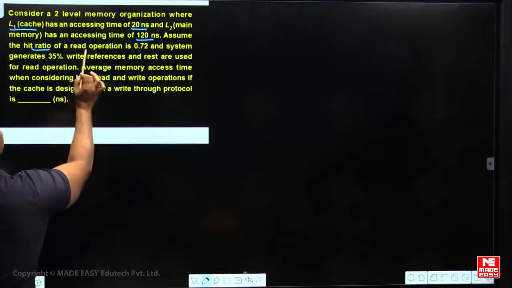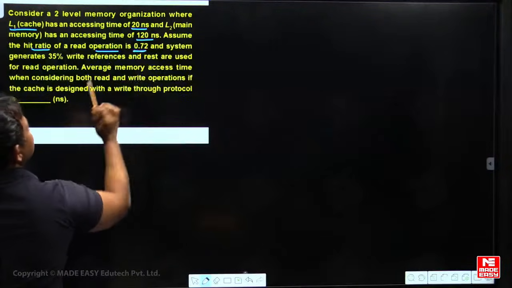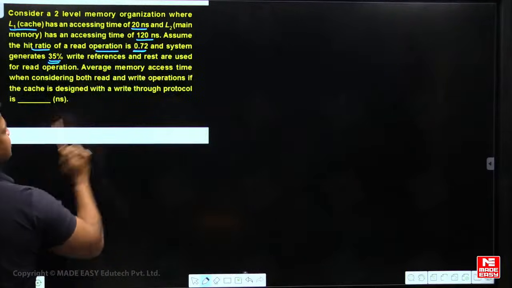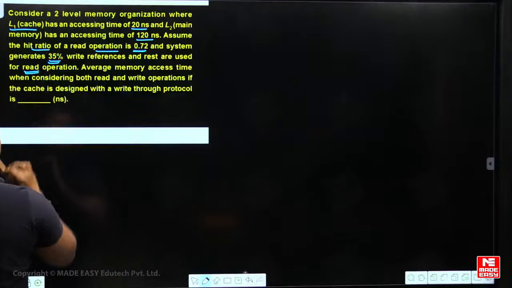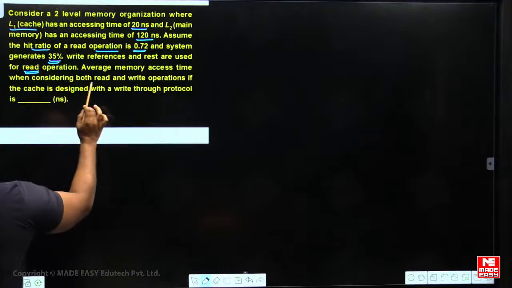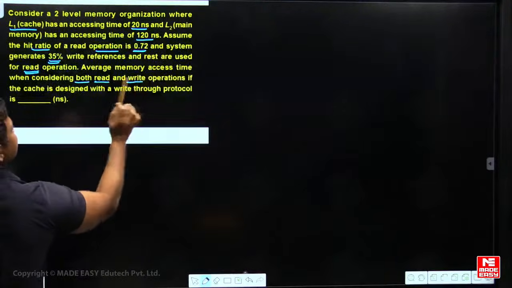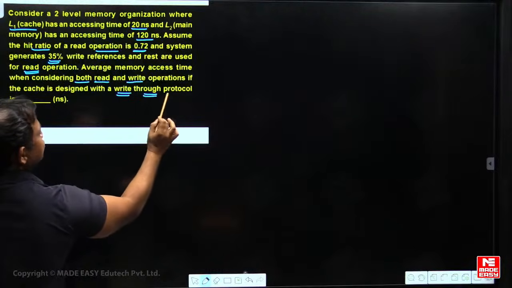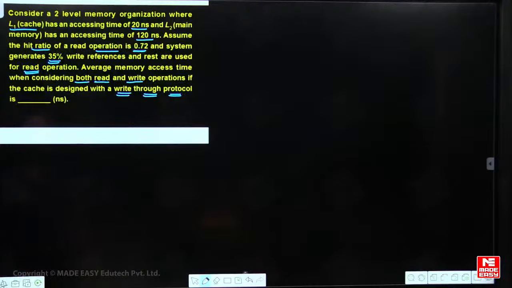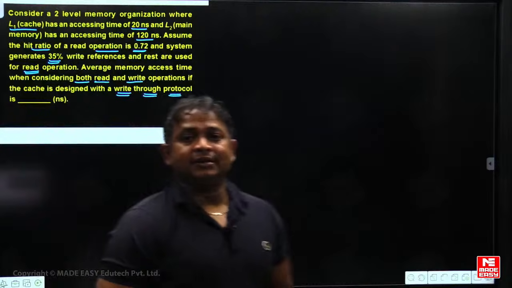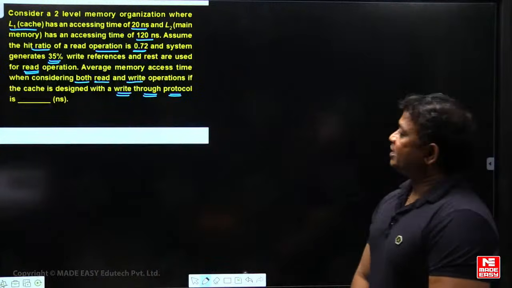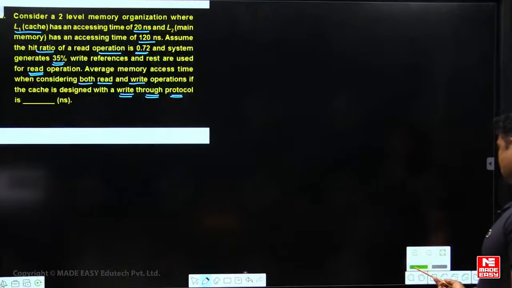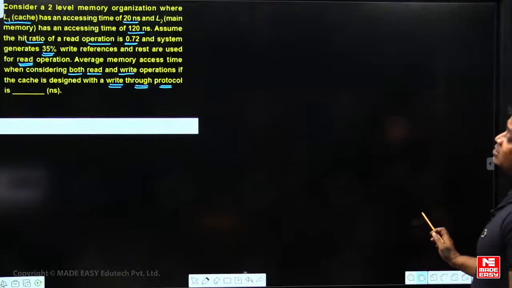Assume hit ratio of a read operation is 0.7. The system generates 35% writes, and the rest is read. Find the average memory access time considering both read and write operations, if the cache is designed with the write through protocol. Solve this.